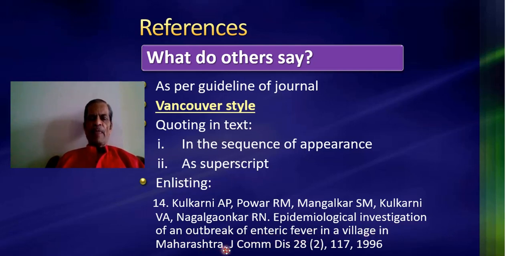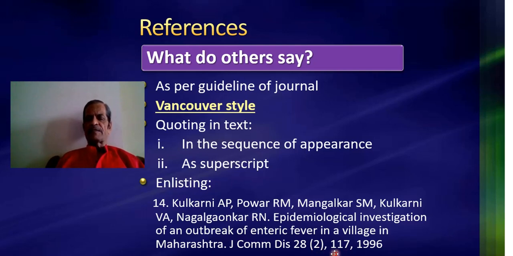Then comes the full stop, and then comes the name of the journal, and this is the abbreviated name of the journal, as per the style of the referencing. So the journal short form is mentioned. Then this 28 is the volume number of the journal. Then this number in the bracket, 2, is the issue number.